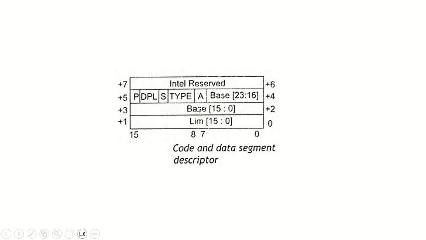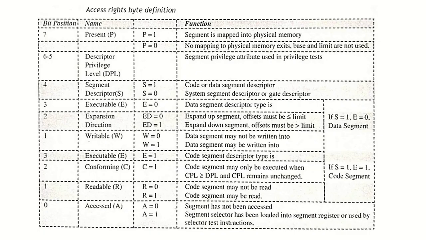Quickly, if you see what the attributes are, for example, type, descriptor privilege level and access rights. The last 2 bytes are reserved, but they are used in the 386 because there your base address is 32-bit.